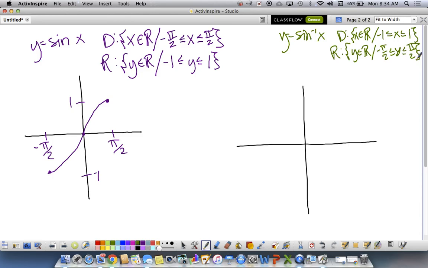What does that graph look like? Over to 1, up to pi over 2, origin 0, 0, and then flip the curve, go that way. You see how similar these graphs look?